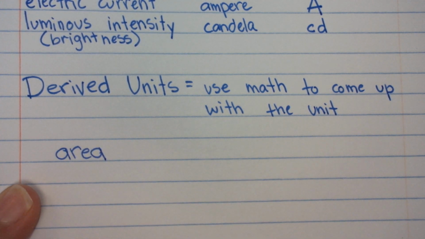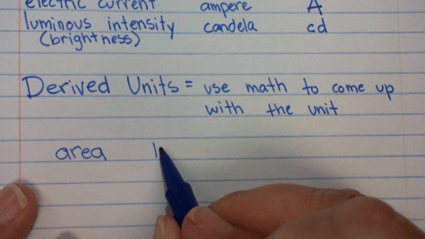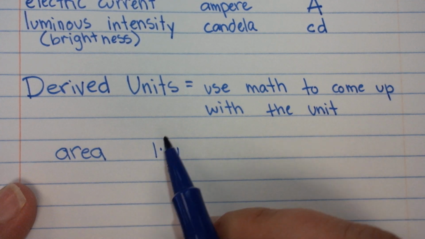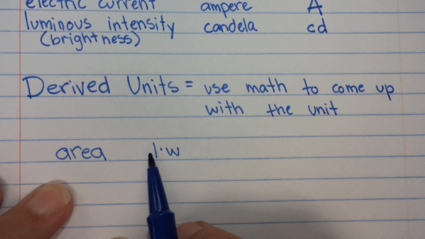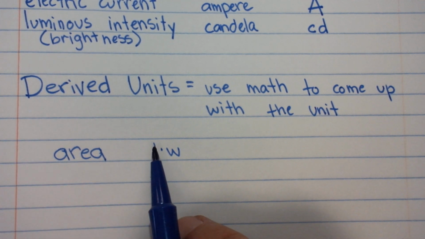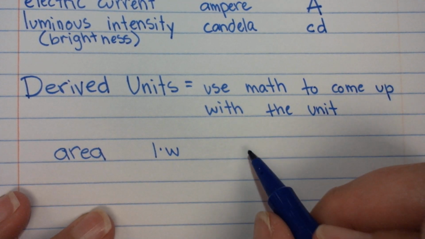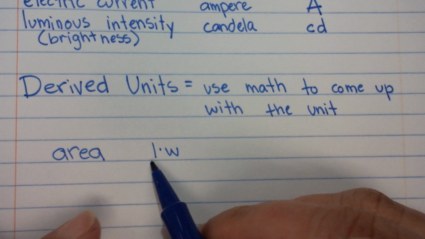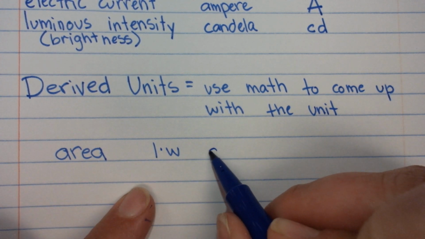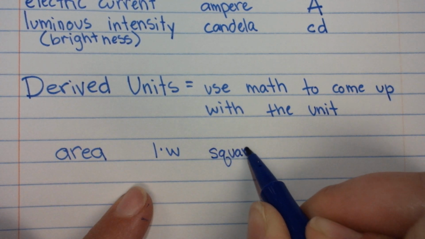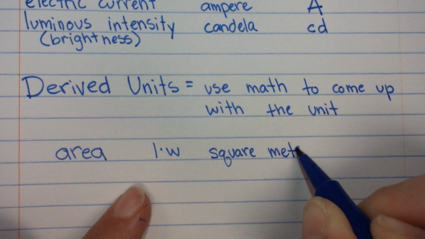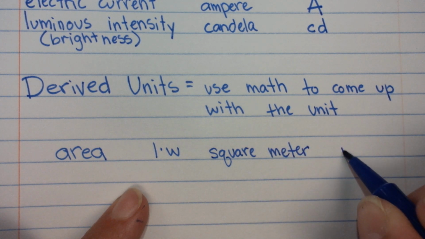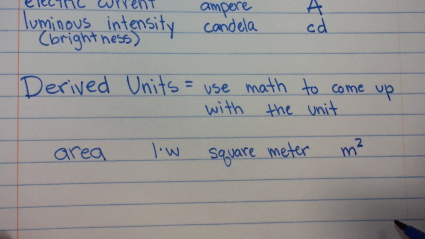Area. How do you come up with area? Length times width, right? When we know length and width are both distances, we know that we're going to have meters, but if I multiply meter times meter, I'm going to get square meter. And so we abbreviate that like this.